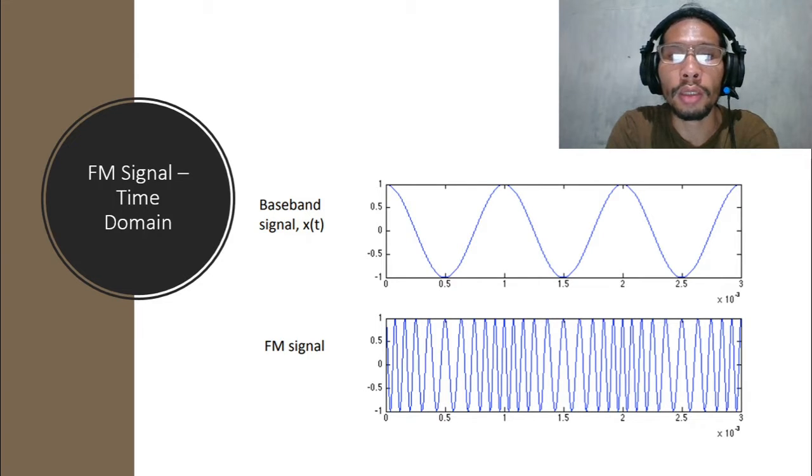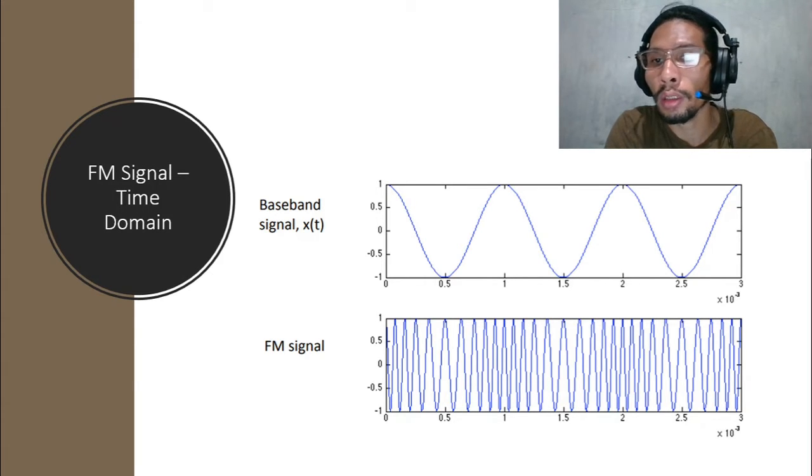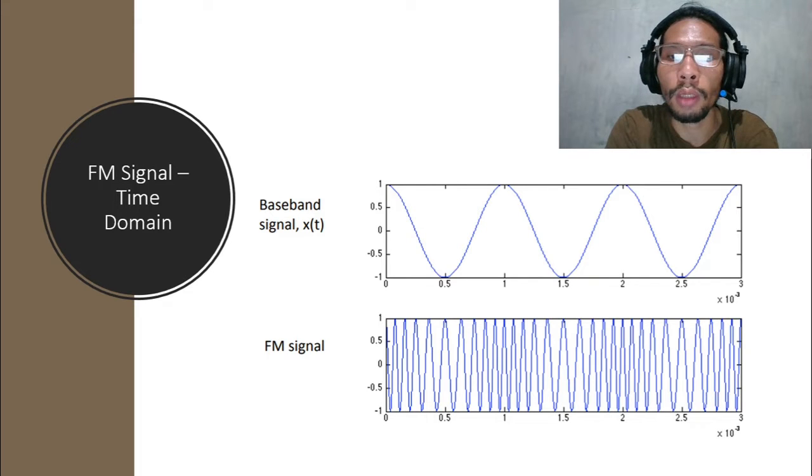The baseband signal or the intelligent signal is a sinusoidal wave with uniform amplitude and uniform frequency, while in the FM signal the carrier is varied with respect to the baseband signal.